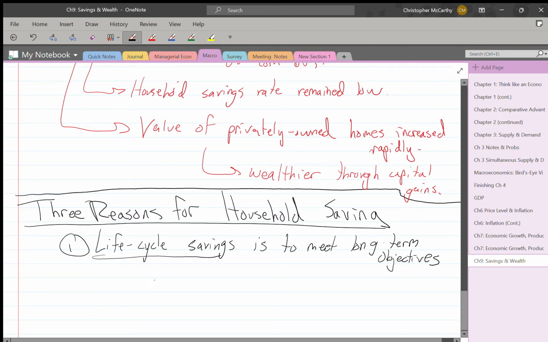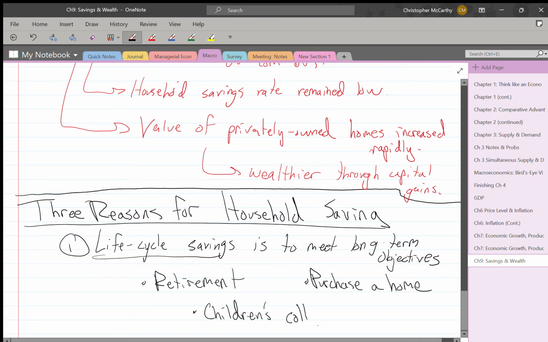So this is going to be retirement. Might be purchasing a home. Depending on the environment, you may need a larger or smaller down payment, right? You may want to save for your children's college attendance, so they don't have to scrape like you do or have to get loans.